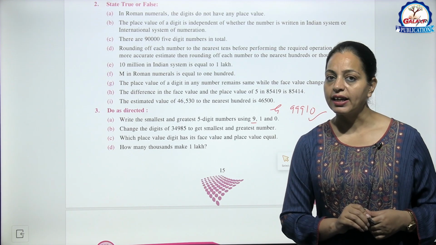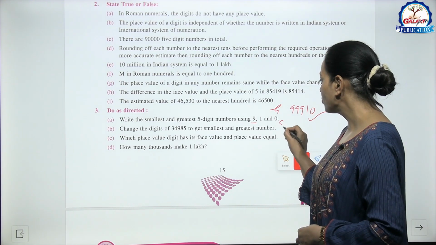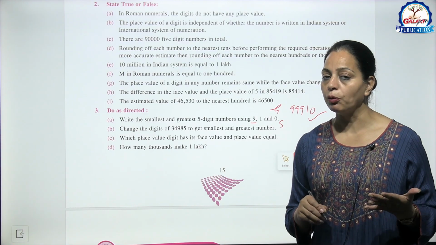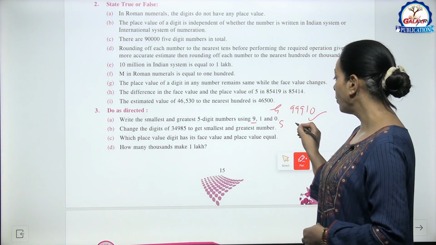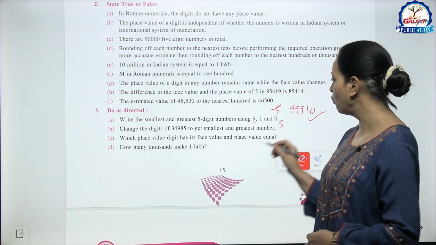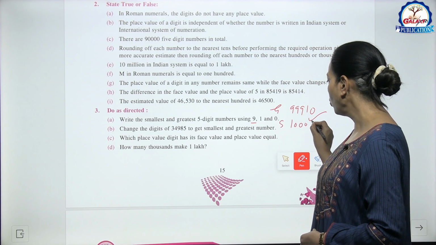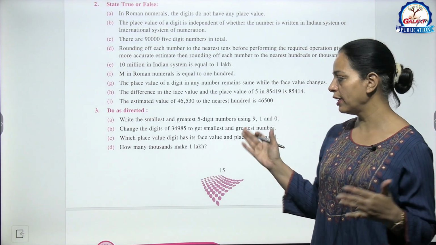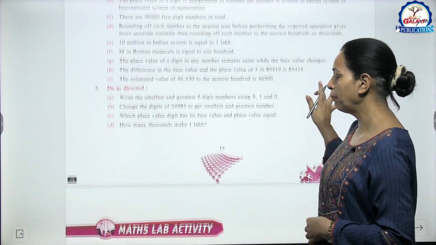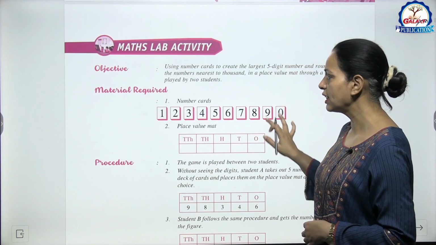This is the greatest number. And smallest number के लिए we have to repeat smallest digit. अब हम 0 से तो start नहीं करेंगे, we will start with 1 and 0009. Okay? Similarly, you can try these remaining parts, right? So I hope this is clear to you.